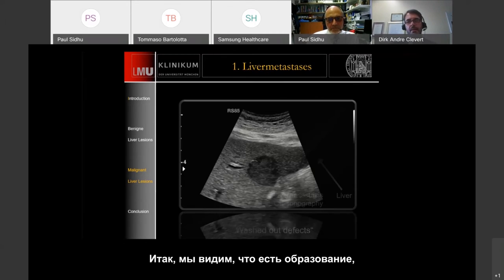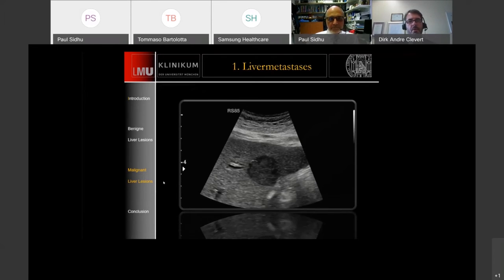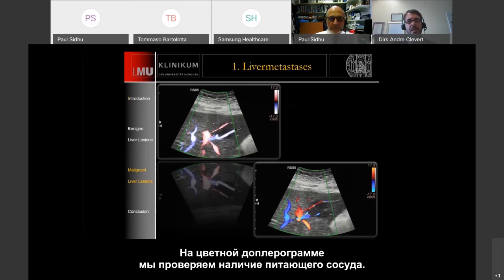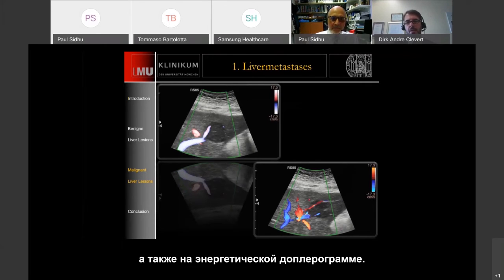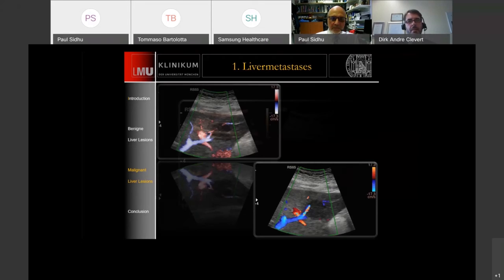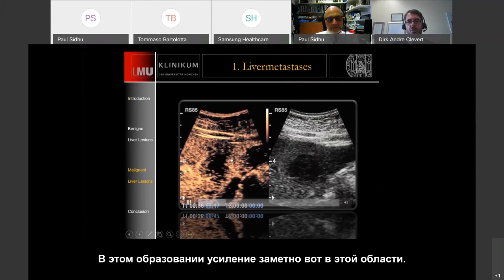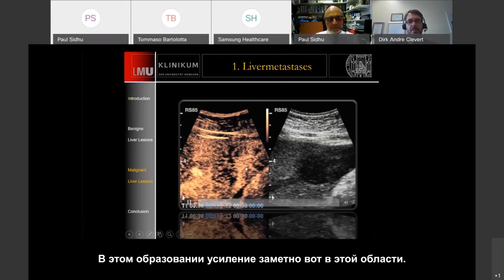So we see there's a hyperechoic lesion with a diameter of about 3 centimeters. We proved the vascularization in the color Doppler and in the power Doppler. So it seems there are no major vessels inside. The next step, we inject contrast. This lesion shows a hyperenhancement in this area.